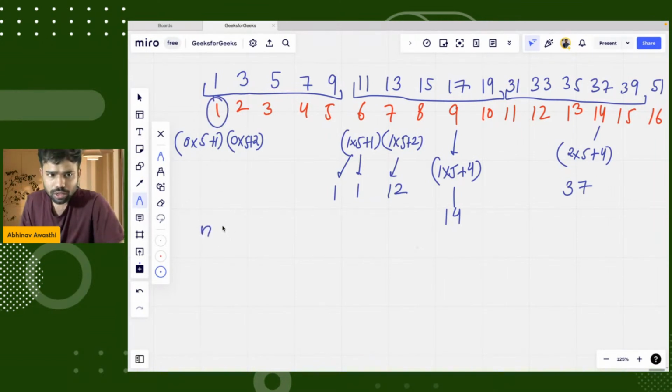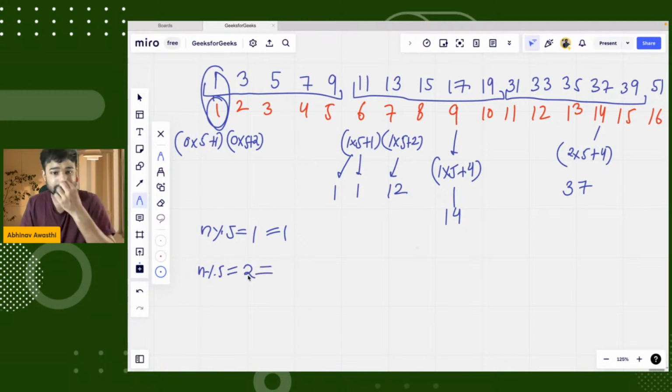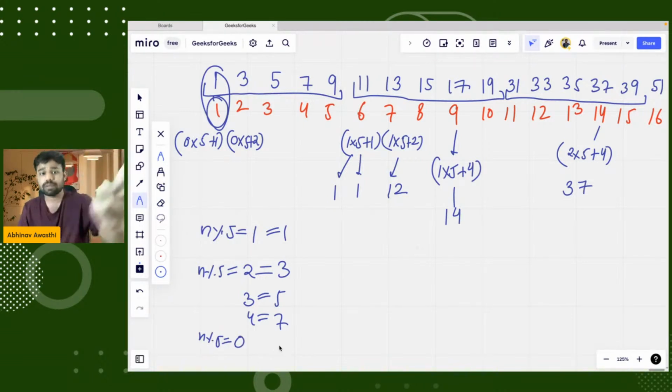Because if n modulus 5 is 1, the digit I will have is 1. When n modulus 5 is 2, which is the second odd number? 3. Similarly, for 3 it is 5. For 4 it is 7. And if n modulus 5 is 0, like the fifth odd number, the digit is 9.